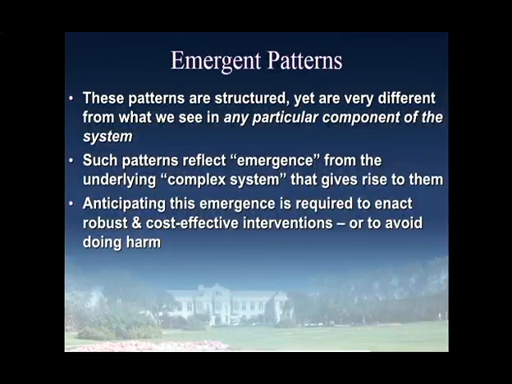They're very different from what we see in any one piece of the system. Those spikes within childhood infectious disease rates, again, are not merely reducible to the characteristics of the pathogen, not merely reducible to the immunological status associated with a person in the population, not merely reducible to the demographics of the population. It's an entangling of all of these at some level.